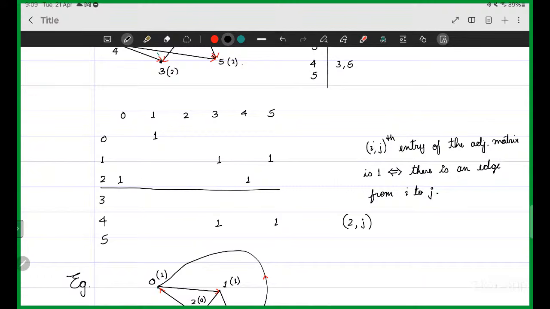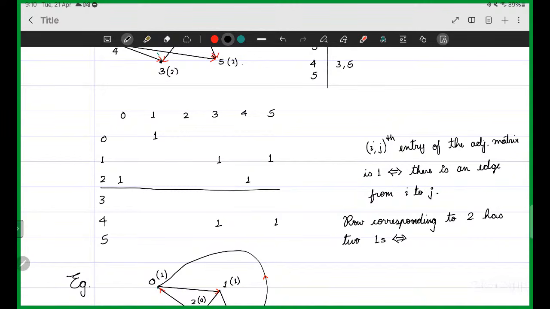Now, what does it mean to say that the row corresponding to 2 has, I'll write it in words just to be clear, 2 ones? What does this mean?